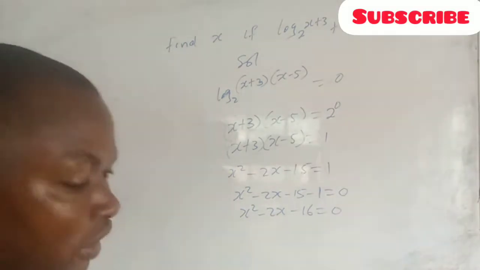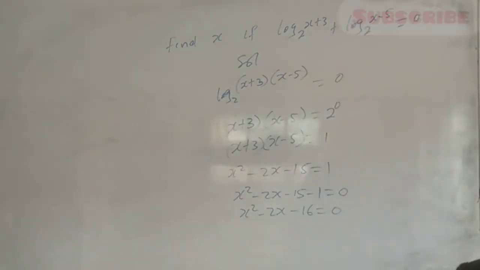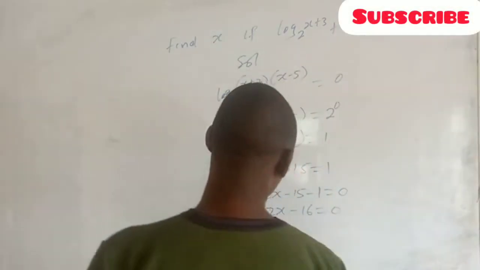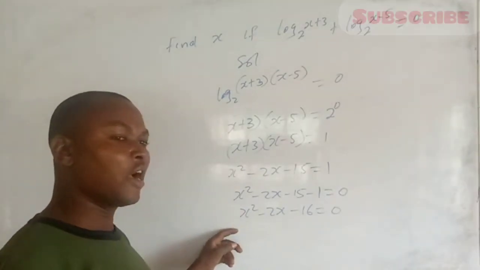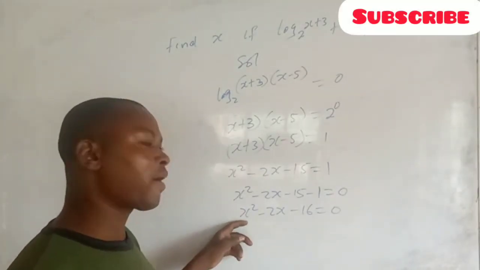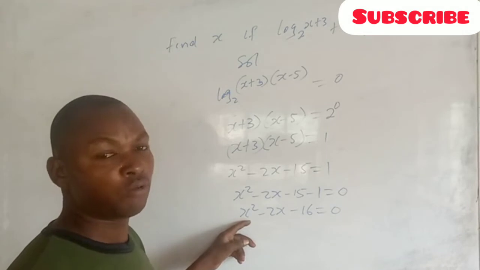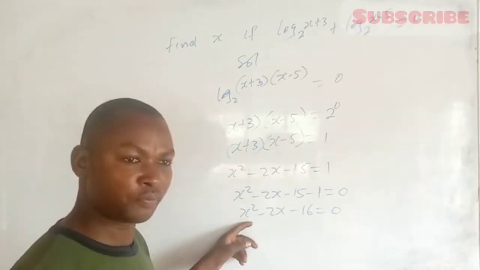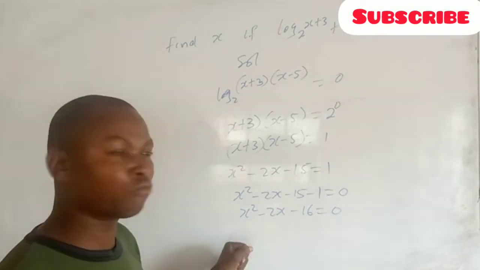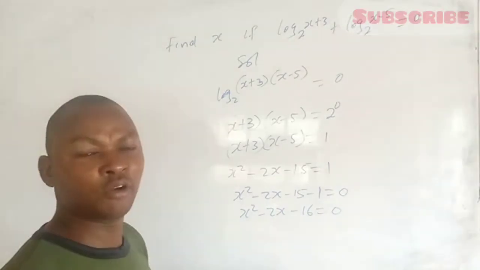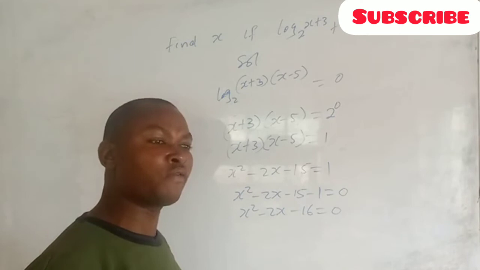Although I have not taught you quadratic equation, when we meet a question whereby the highest power in the variable is 2, we say it's a quadratic equation. We're going to use the quadratic equation formula.